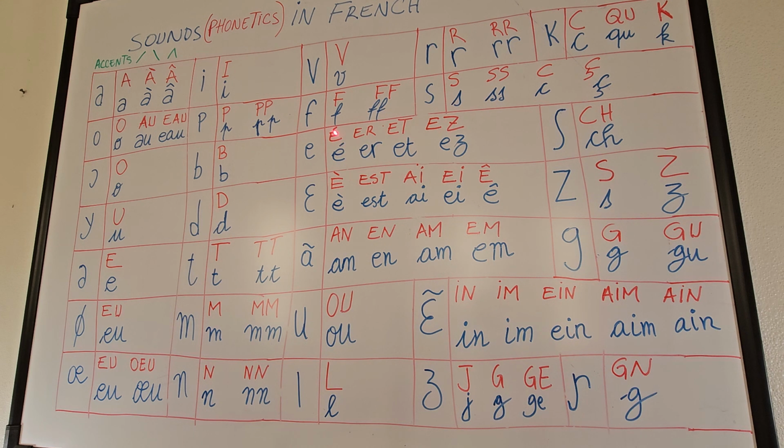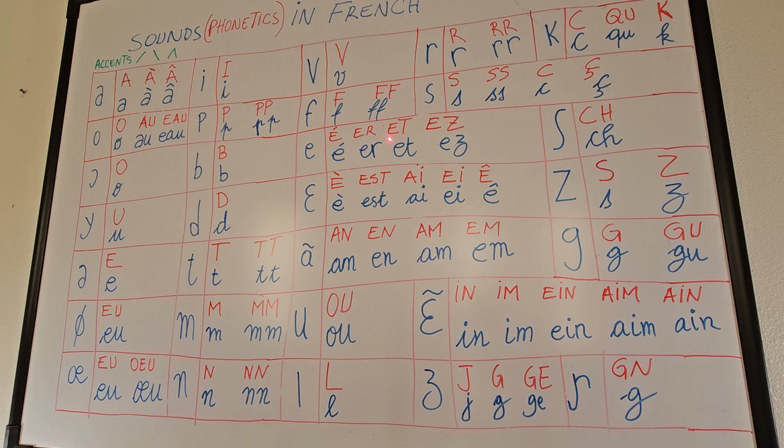The first one is e on its own with the acute accent. But here, e, r also sounds é.